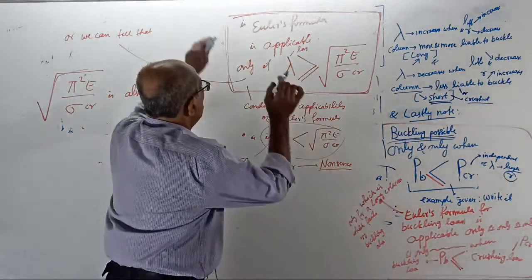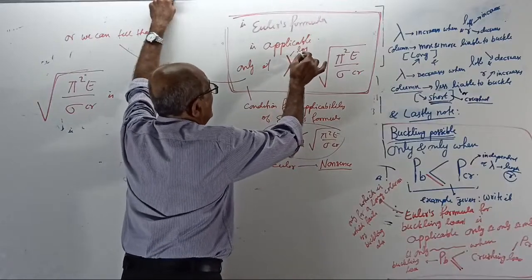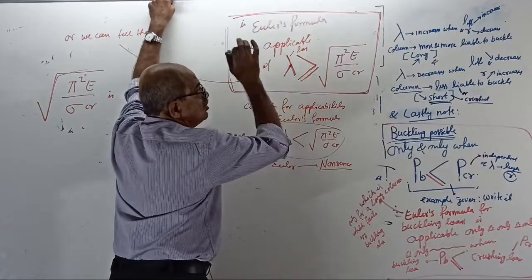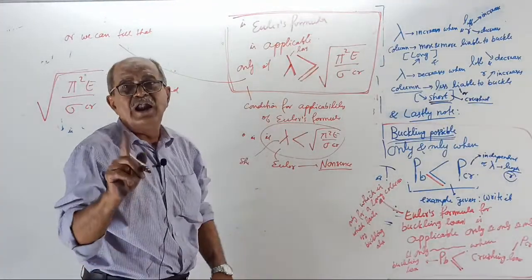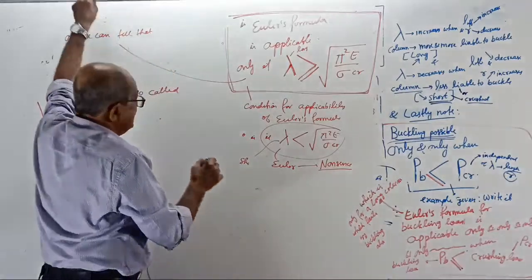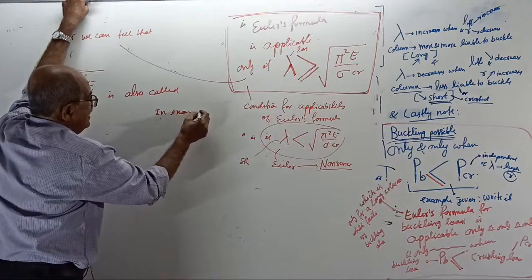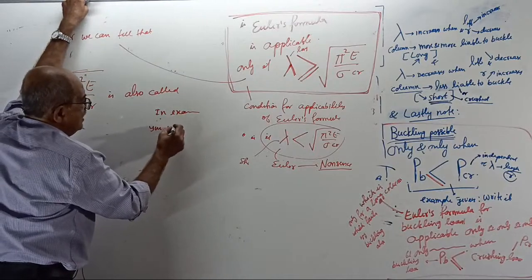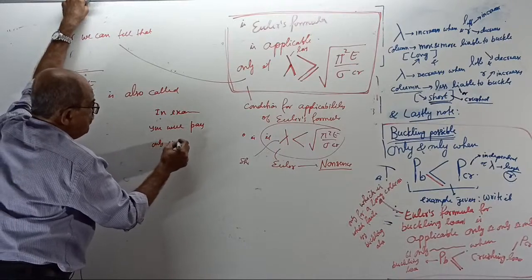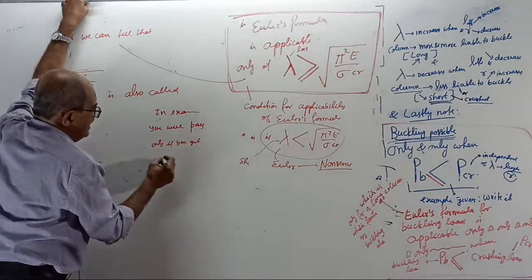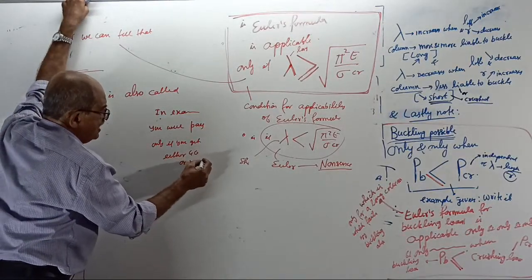See, Euler's formula is applicable only when lambda is either equal to or more than that value. So that value is called, one minute. Now you will tell. In the examination, you will pass only if you get, imagine, either 40 or more than 40.